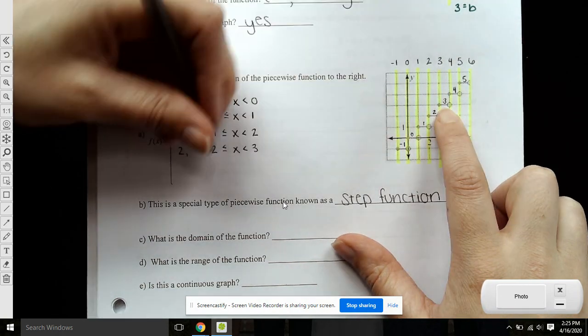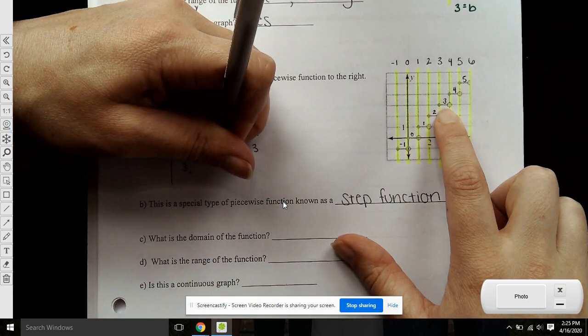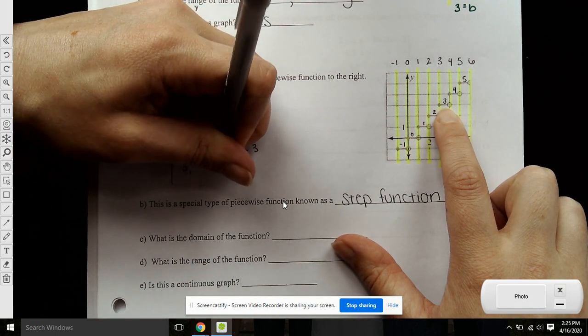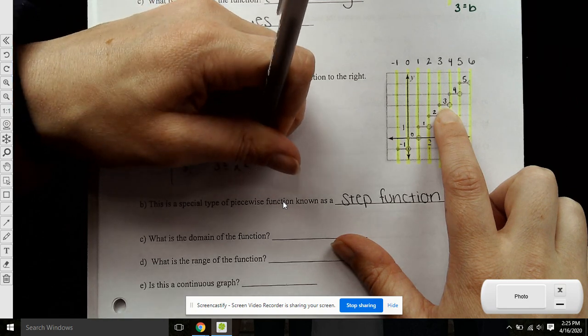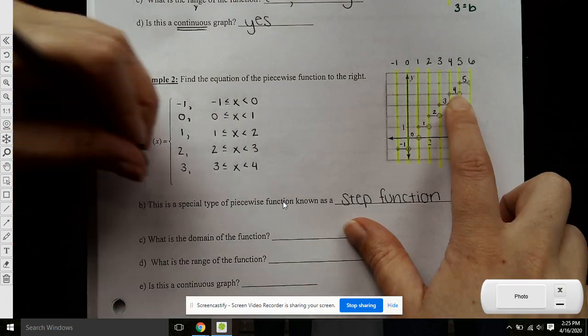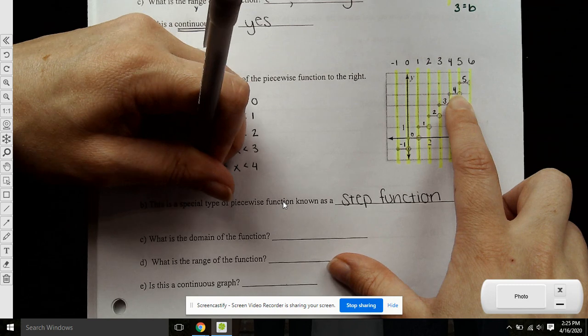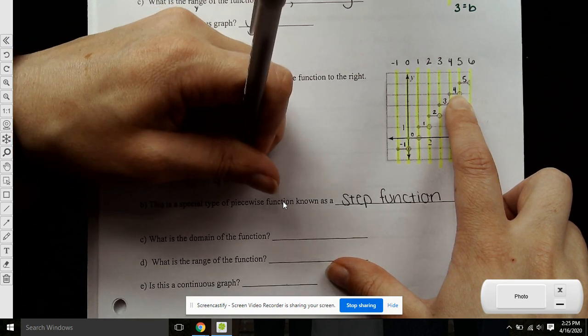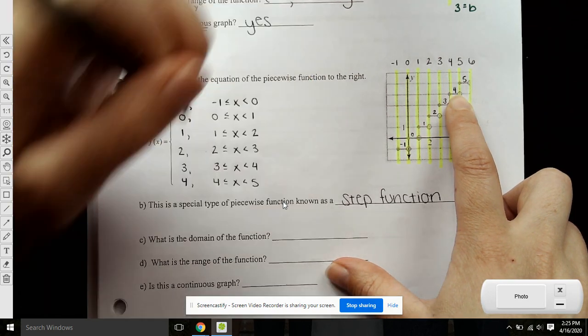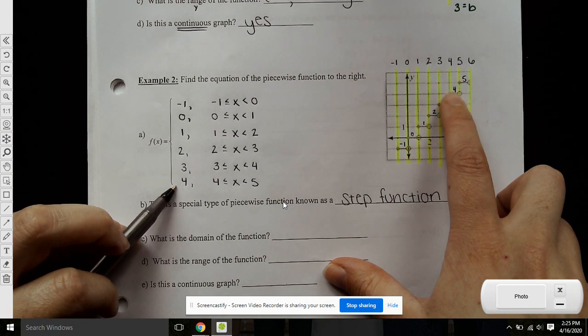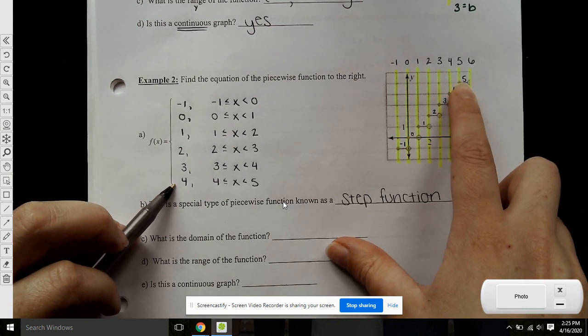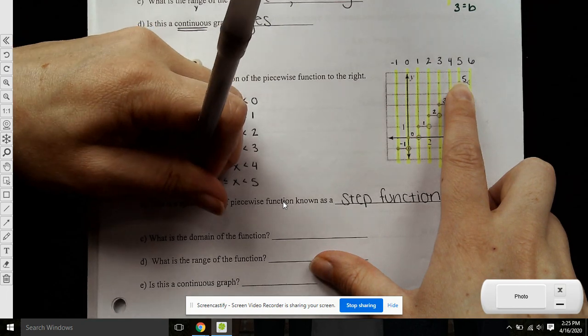Next one is at 3. And that one goes from 3 to 4. So 3 is less than or equal to x is less than 4. Then the value of 4 goes from 4 to 5, and then the value of 5 goes between 5 and 6.